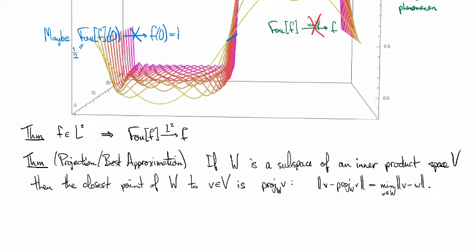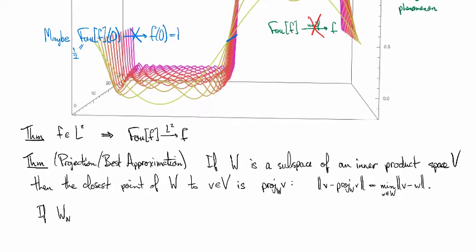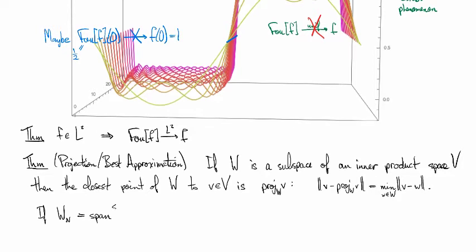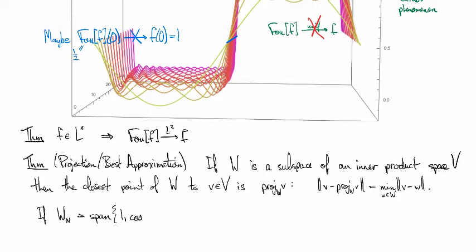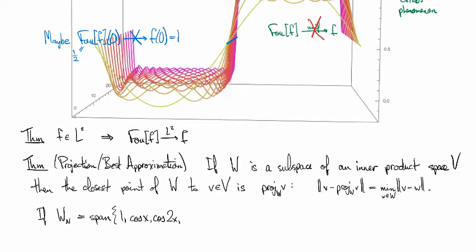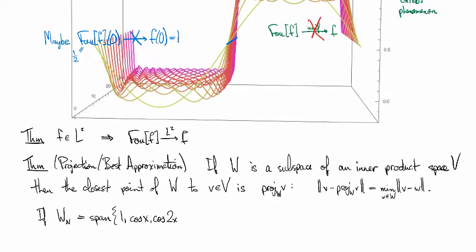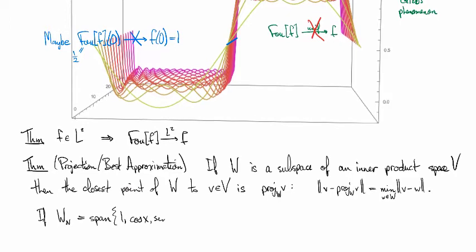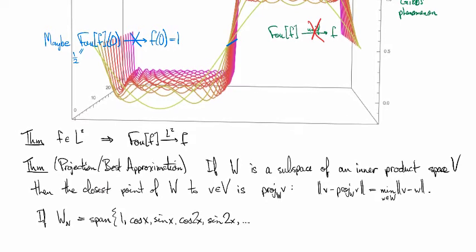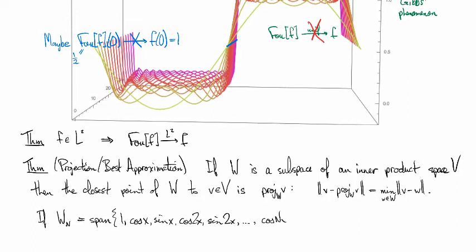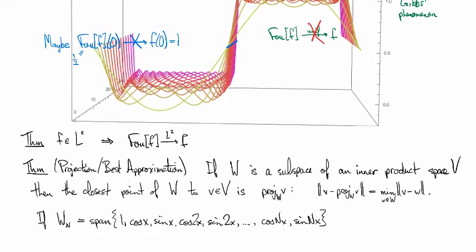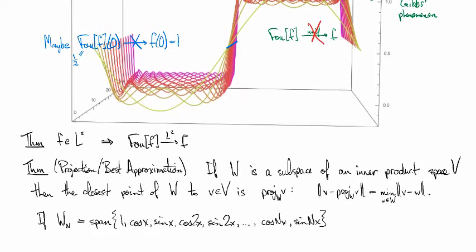So in the present context, if Wn is the span of 1 and cosine x, and actually here let me intersperse them, so we've got sine x, cosine 2x, sine 2x, and so forth, all the way up to cosine nx and sine nx, where that n is the same n that we chose back here.